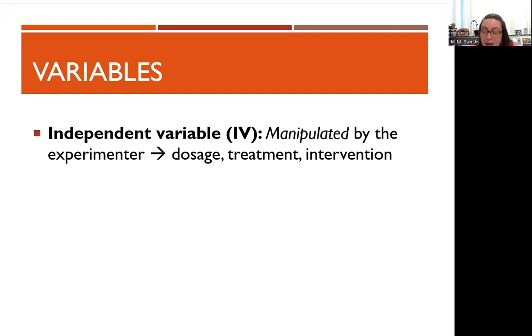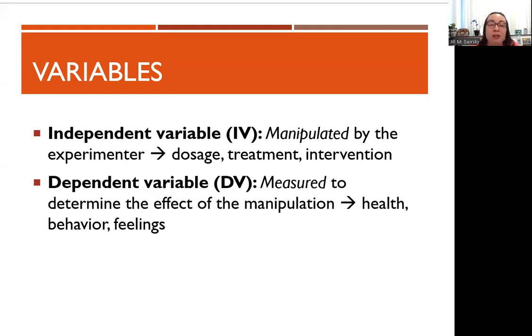That's what we're manipulating. And then we want to see if or how it impacts some other variable. Now, this other variable is what we would call the dependent or outcome variable. The dependent variable is measured. I want you to remember IV manipulated, DV measured. If you can do that, you're half of the way there.